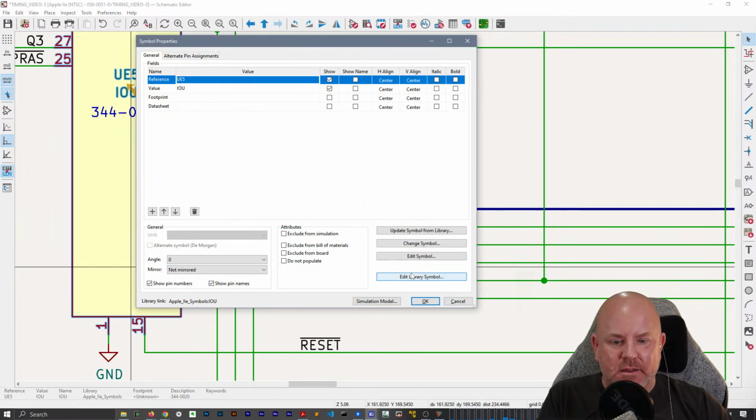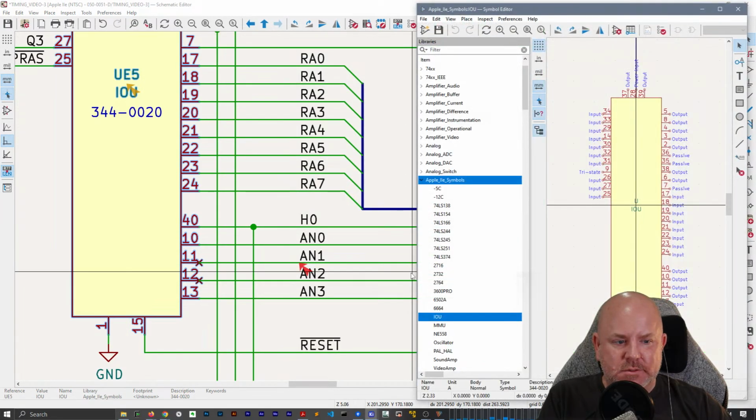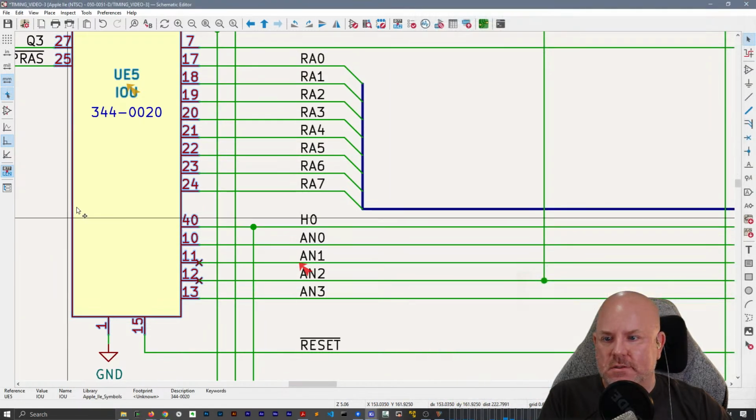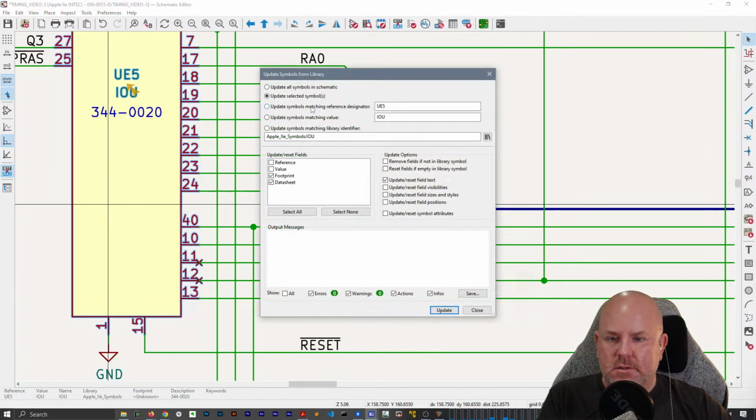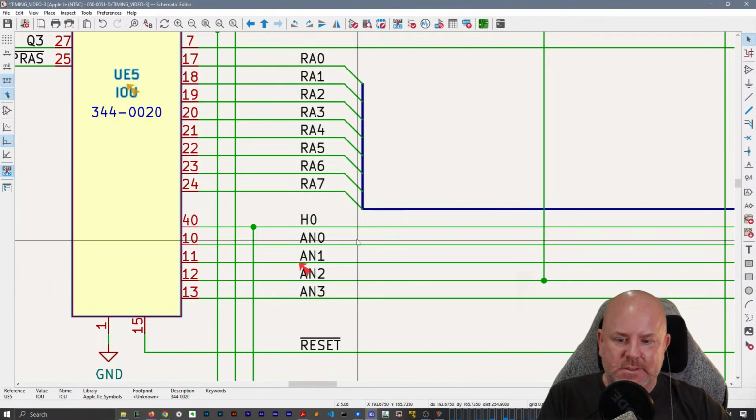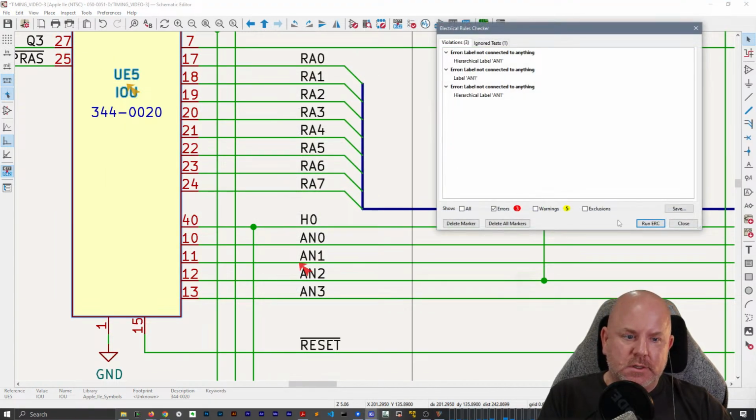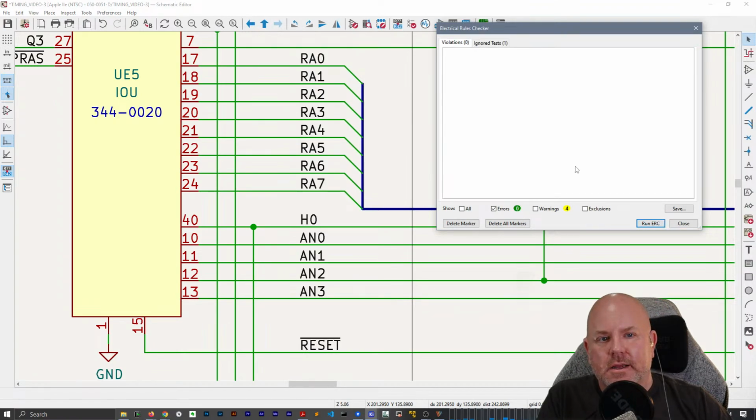Did I edit library symbol? So, did this not update? Because I feel like this didn't update last time. No, it didn't. That's weird. Whatever. All right.